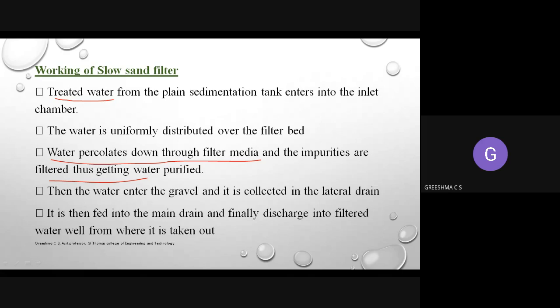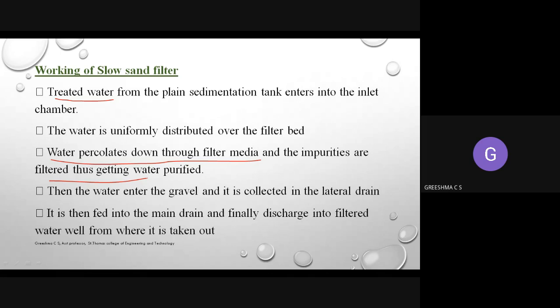Now this water will percolate through the sand and the gravel. During this percolation, whatever impurities are present in the water will be filtered. Next, the water enters the gravel and reaches the bottom portion, from where it is collected in the lateral drains.